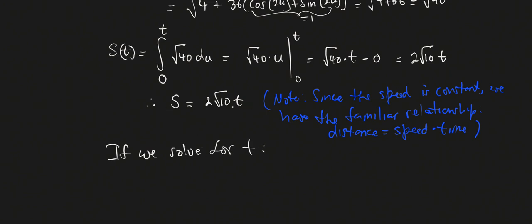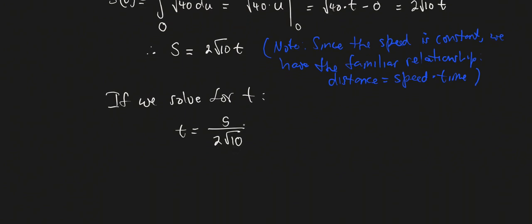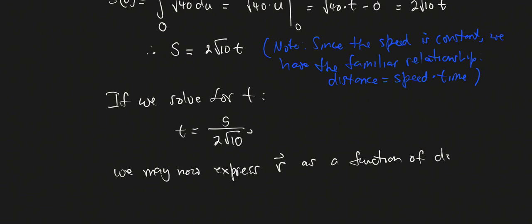Again, because the relationship is so simple, we get that t is equal to s over 2 root 10, right? So we solve for t, we may now express r as a function of distance traveled.